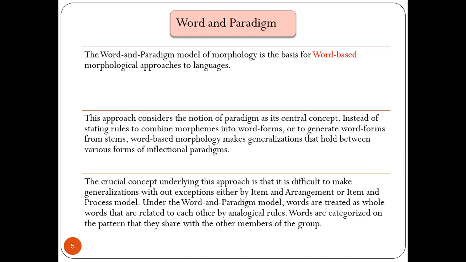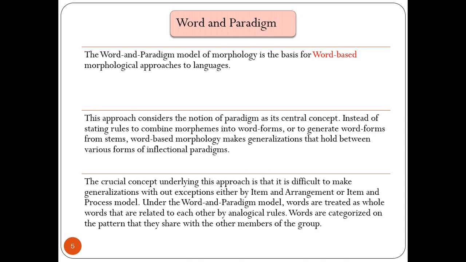The crucial concept underlying this approach is that it is difficult to make generalizations without exceptions, either by the item and arrangement or the item and process model. Under the word and paradigm model, words are treated as whole lexemes, whole words that are related to each other by analogical rules.